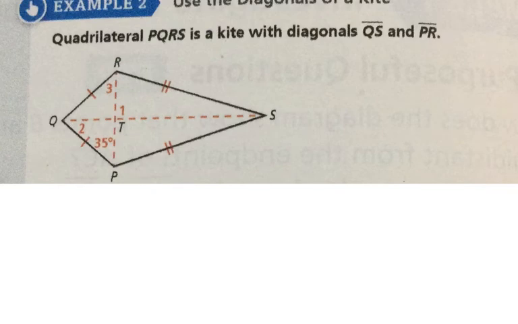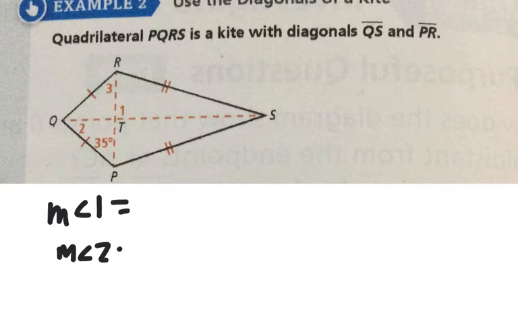Okay, so here we're taking our properties that we know about kites and applying it. And what it's asking me for is what's the measure of angle 1, the measure of angle 2, and the measure of angle 3. So the thing that looks a little tricky here would be identifying where all these angles are.